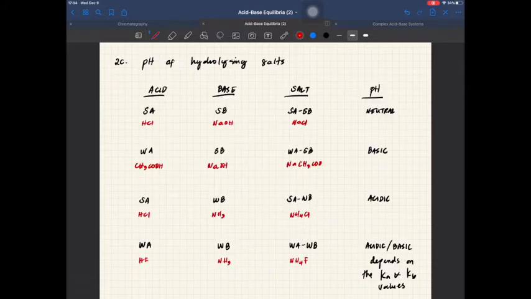But how about the pH of hydrolyzing salts, or salts that undergo hydrolysis? Before we proceed to the calculation of pH of hydrolyzing salts, let us identify what hydrolyzing salts are in the first place. The products of acid-base reactions are always salt and water. So suppose you have a strong acid and a strong base.